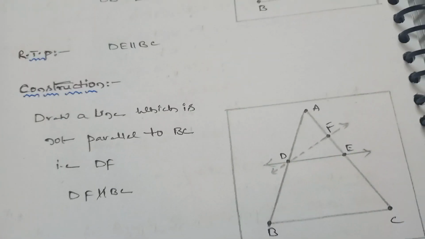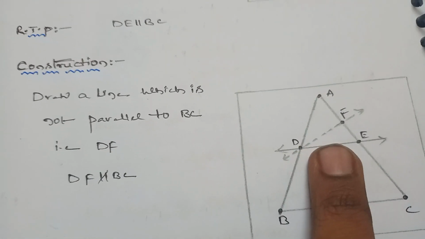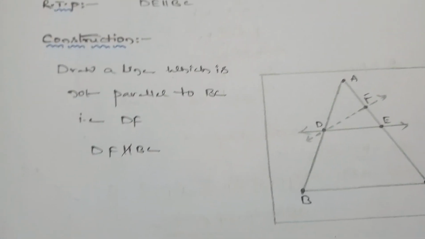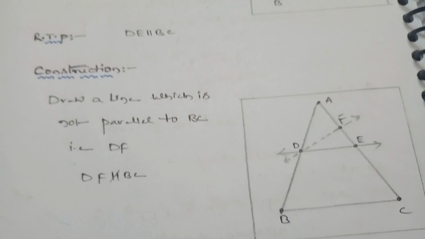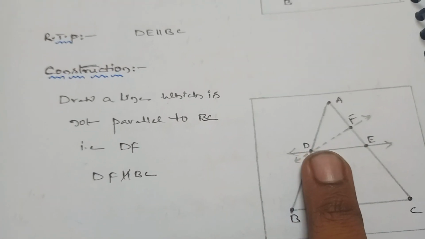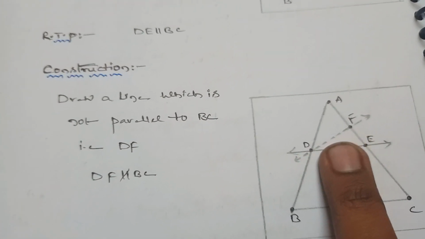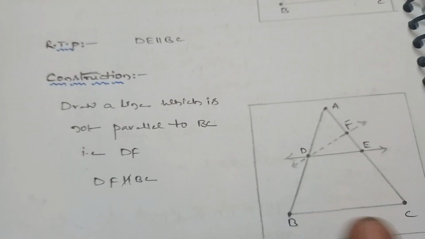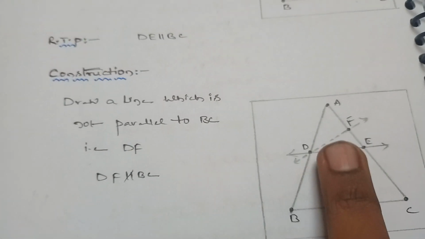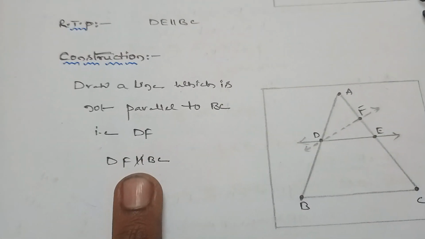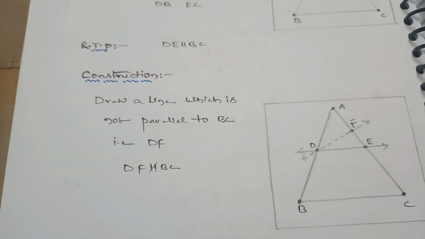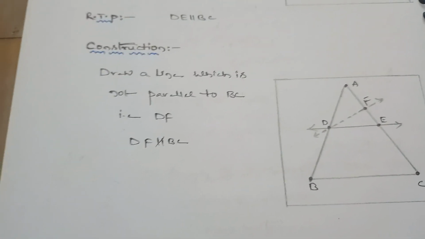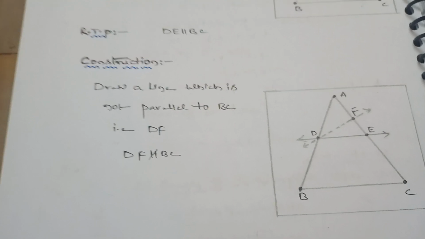But suppose this line is not a parallel line. We take one line which is not parallel to the base, and based on that scenario we solve this theorem. We will check whether we get the same conclusion or not.